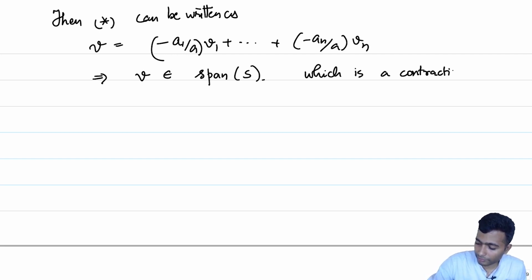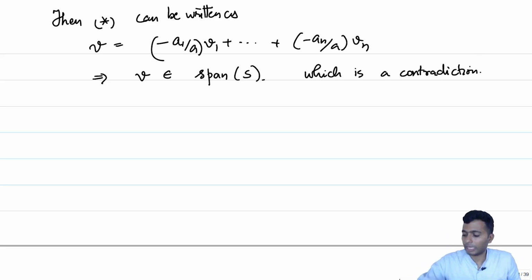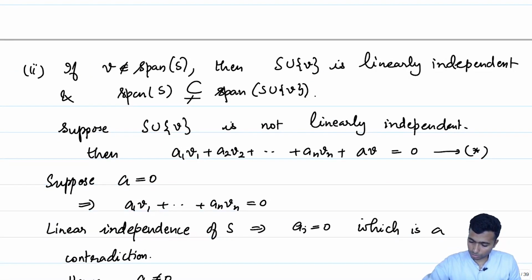Because we had assumed to begin with that v does not belong to span of S. So, something has to be wrong. Yeah, that means this assumption has to be false, right?